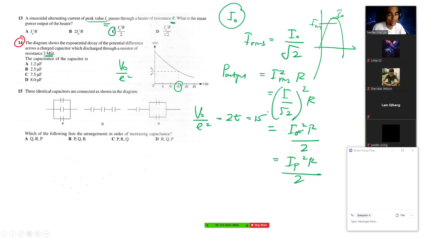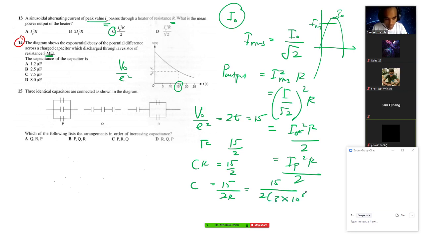So 2CR equals 15. So tau, the time constant, equals 15 divided by 2. So CR equals 15 divided by 2. C equals 15 divided by 2R, that equals 15 divided by 2 times the 3 mega ohm, equals 2.5 microfarad. Okay, answer will be B.